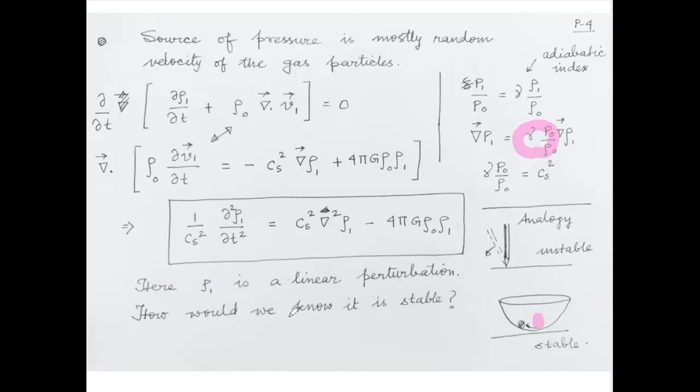What does it mean? It means that if I want to look for the stability, then I want to see when this equation will have a solution for ρ1 which is oscillatory in nature. If ρ1 has an oscillatory solution, then that is this case. If ρ1 doesn't have an oscillatory solution, usually it has an exponential kind of solution, then it is this case.